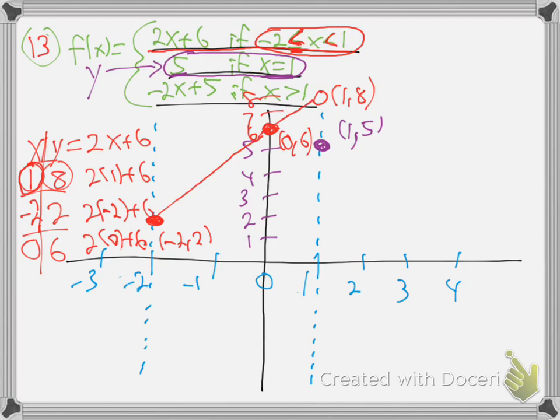Everybody seeing that section? How are we doing? So it's all about what x values you plug in for which functions.